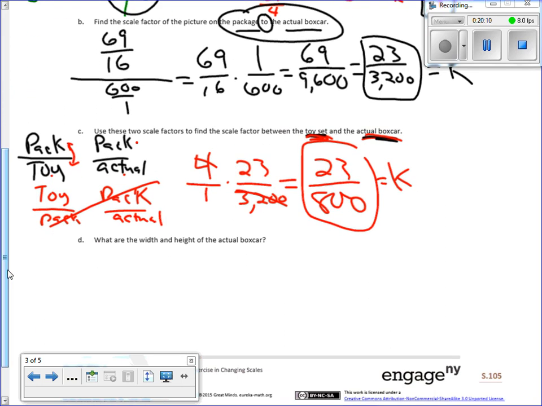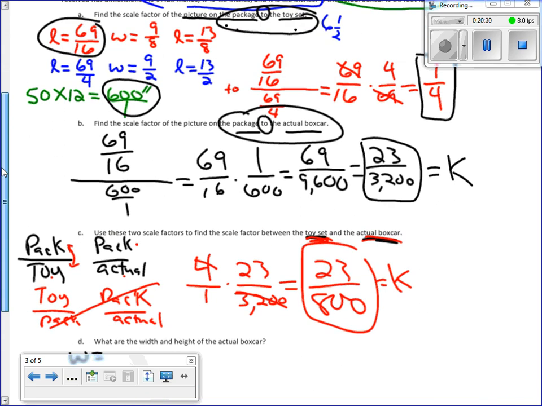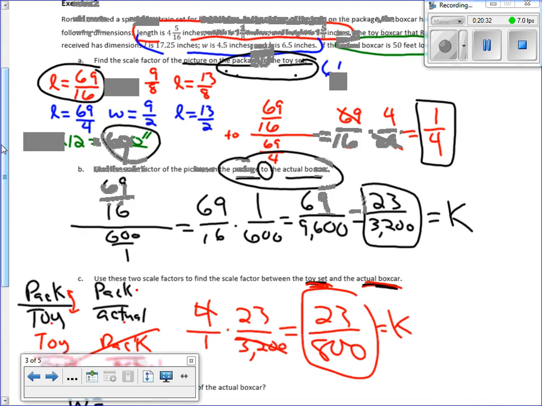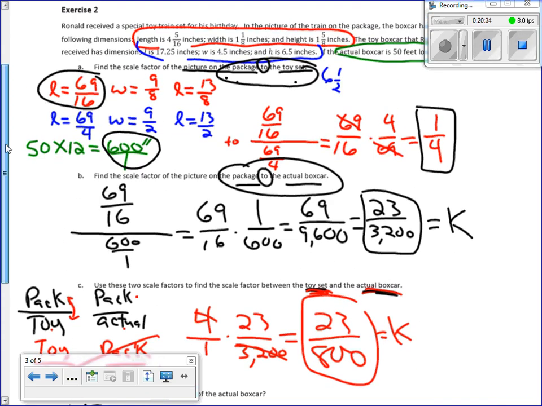Then D says, what are the width and the height of the actual boxcar? So now we're going to use our scale factor 23/800, which is the toy set to the actual boxcar, and we want to find the width and the height. So I'll do the width first, and if I come back up here, we want to use the dimensions of the actual toy, not the picture.